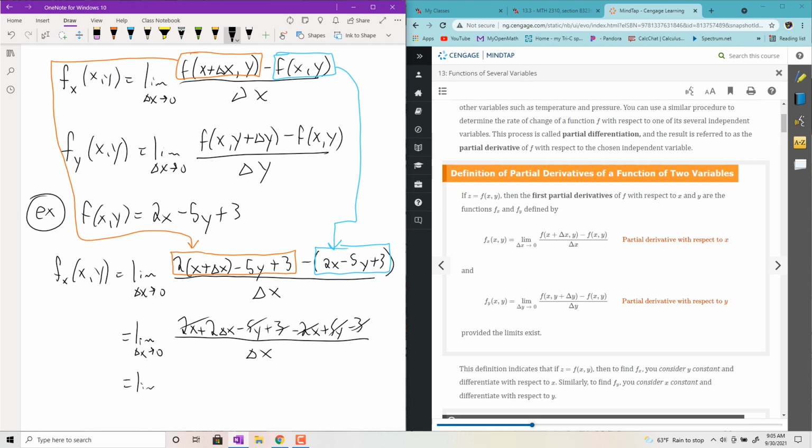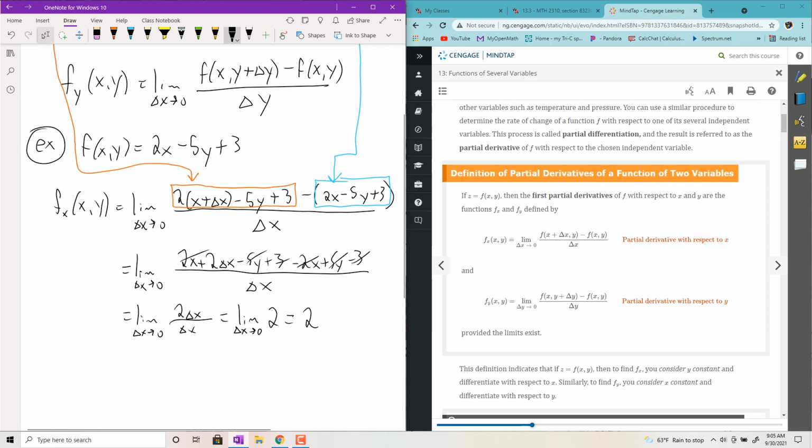I get the limit as change in x goes to 0 of 2 change in x over change in x, which is, of course, 2 at all points where change in x is not equal to 0. So we end up with 2, just as I supposed, 2 being the coefficient on x up there.